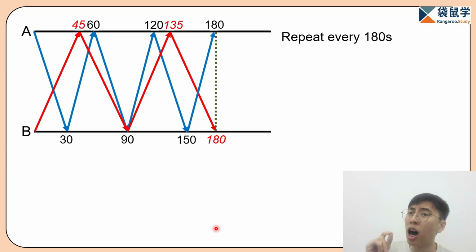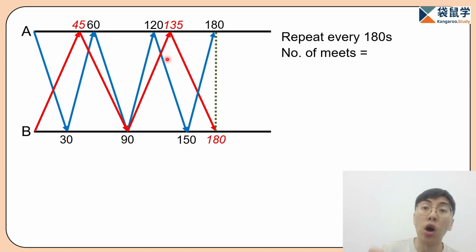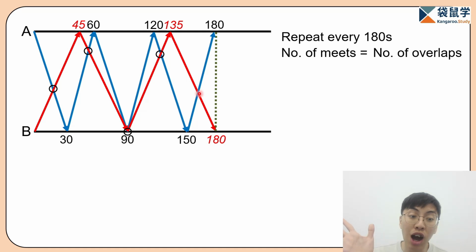Now to determine how many times they pass each other, it is just us looking at how many times they have crossed or meet each other on the diagram. And where is that? The first one being here. This is the first overlap that we can find. Here, the second overlap. Here, the third overlap. The fourth overlap. And of course, the fifth overlap.